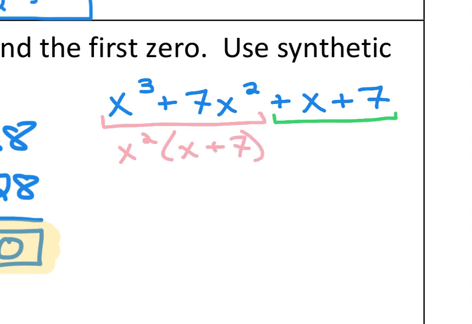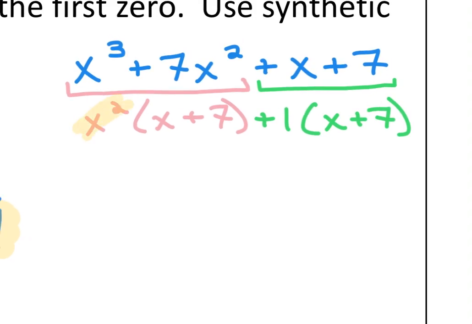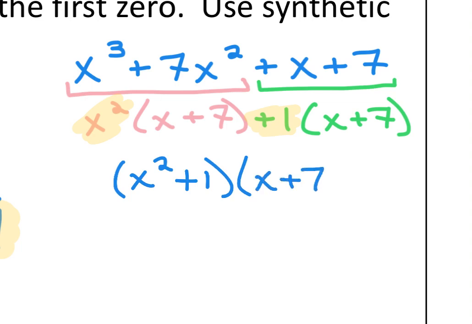And then for the green, there's no GCF, so I'm going to write 1 times x plus 7. And then remember that when you're factoring by grouping, you take the 2 GCFs that you found, and those become the binomial for your answer. So x squared plus 1 times x plus 7.